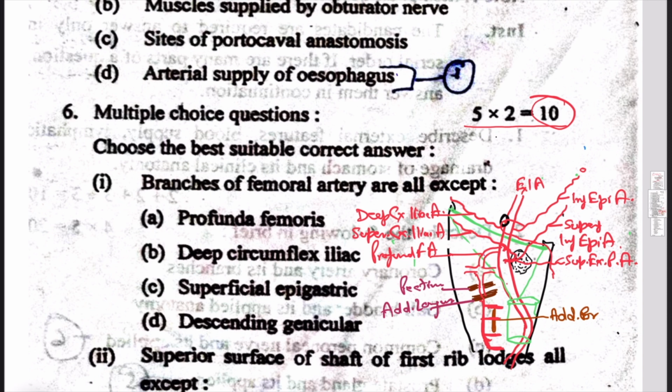Then these are the three branches which are given out as subcutaneous branches. But deep inside, below this fascia lata, it gives another branch which also runs medially, right? And which is reaching deep to supply the genitalia.